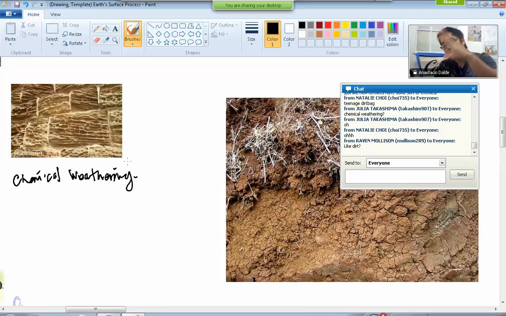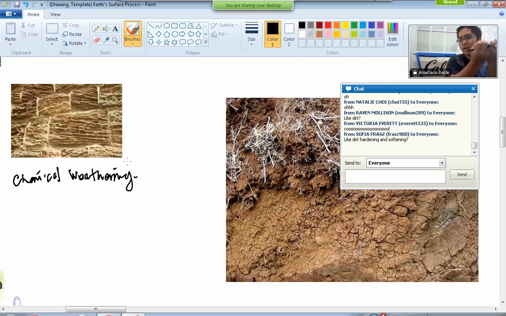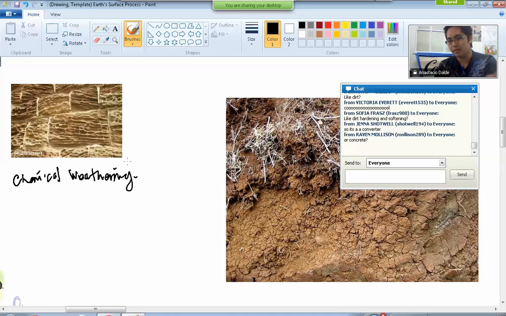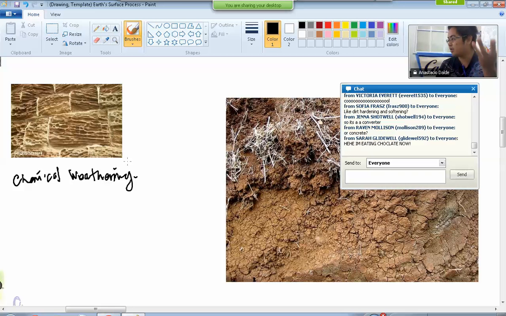With mechanical weathering, you're changing a big rock into a bunch of little rocks that are the same substance. But with chemical weathering, I'm taking one rock and putting it in some kind of acid or water or whatever, and it changes into another type of substance. Does that make sense?